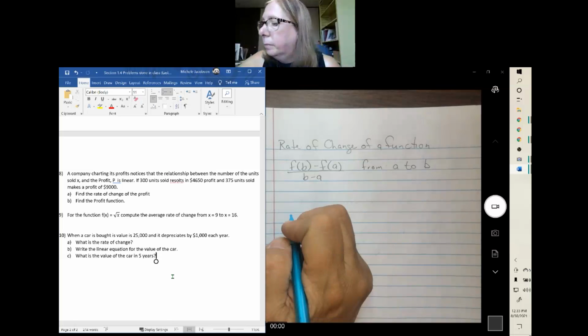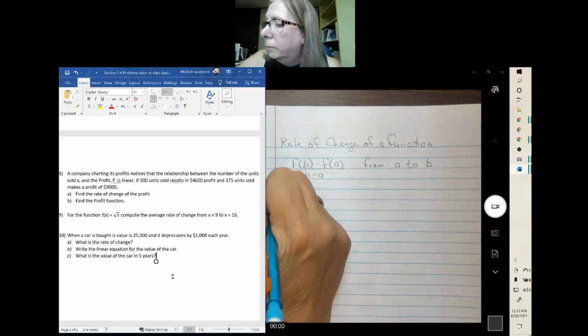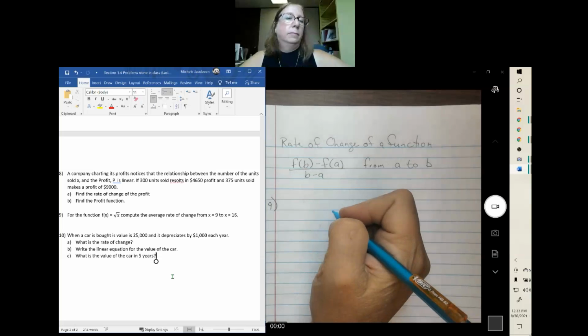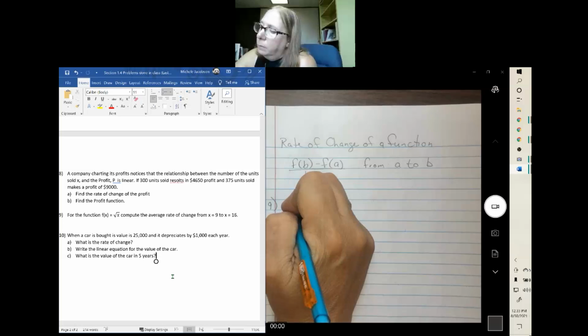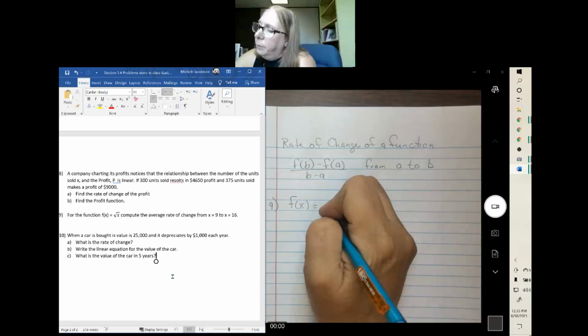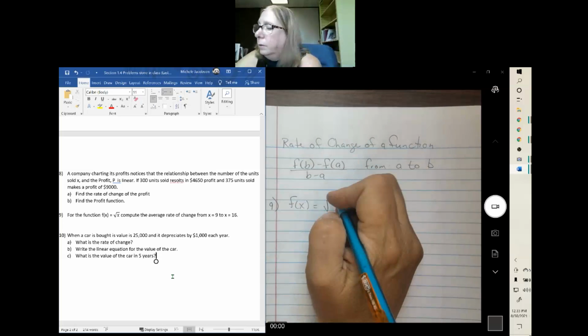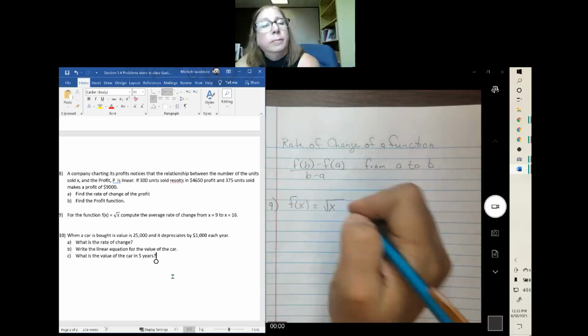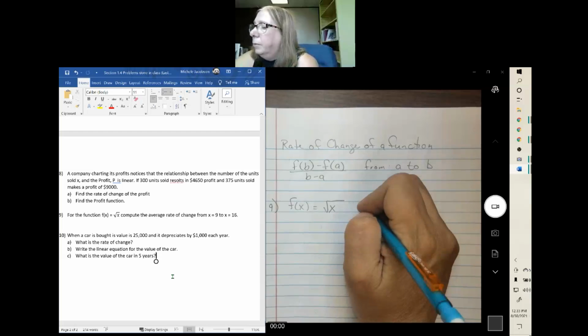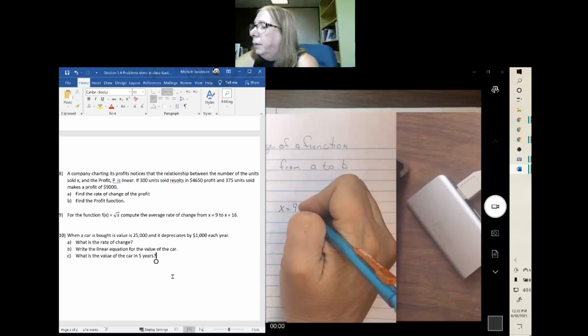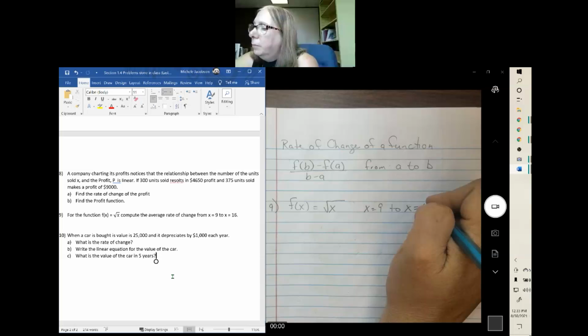If we look at number 9, for the function, and notice they don't have to be linear. This one is not linear. Compute the average rate of change from x equals 9 to x equals 16.